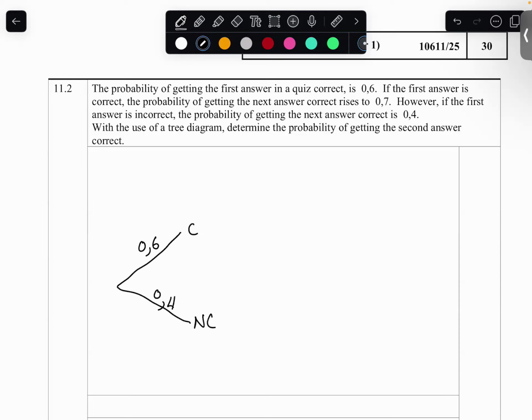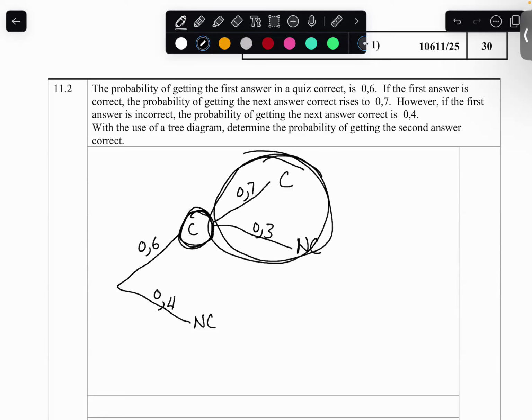If the first answer is correct, build another branch from here. The probability of getting the next answer correct is 0.7, so this will be 0.3. So if the first answer was correct, the next answer correct would be 0.7, and the next answer not correct would be 0.3.